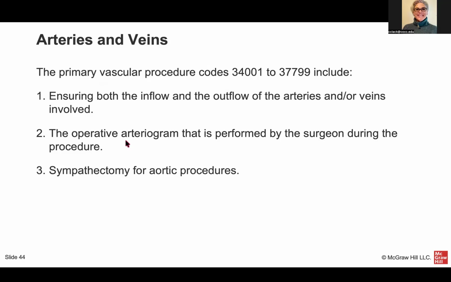Second, the operative arteriogram performed by the surgeon during the procedure. If the surgeon does their own imaging during the case to assess results, that's included. And third, sympathectomy for the aortic procedure. Understanding these inclusions prevents unbundling, reporting separately what's already part of the primary procedure code.